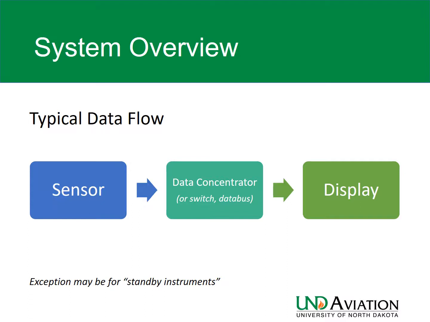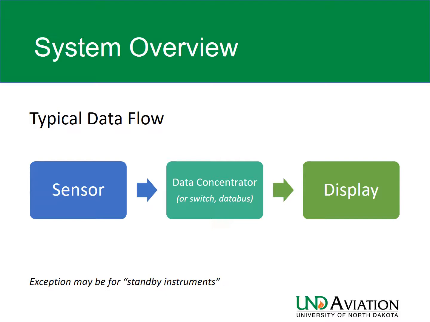Sometimes we have air data computers which convert an analog to a digital signal. And then actually sometimes there's more than one data concentrator or switch or data bus. So it might actually flow through multiple sort of intermediary stops before eventually getting to the display for the crew.